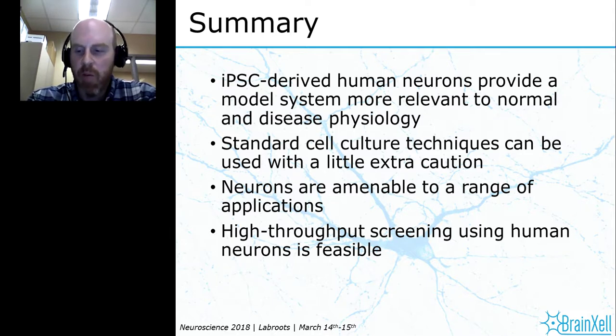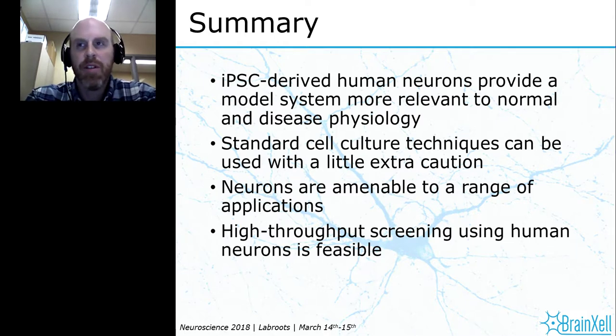I really want to emphasize that our view is that iPSC-derived human neurons, in many cases, present a more physiologically relevant model system, both for normal physiology and pathophysiology, especially compared to very unusual neuron-like cells such as PC12 cells or neuroblastoma cells.